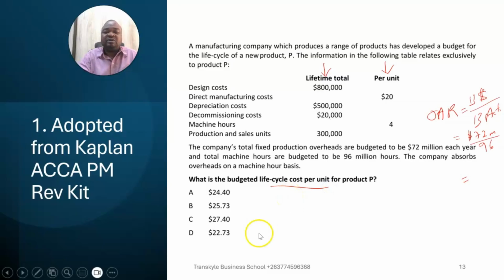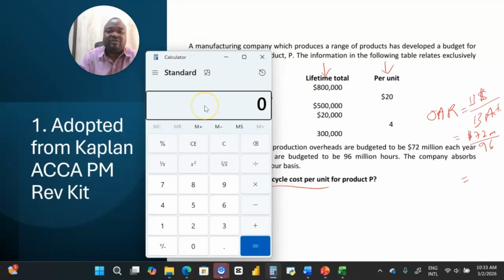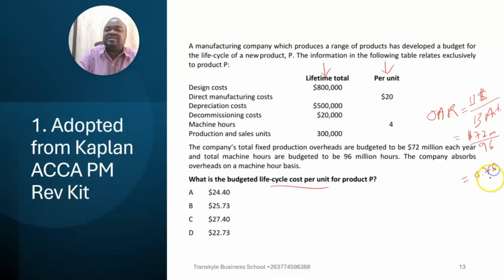If you use your calculator, the overhead absorption rate should be 72 over 96, that's $0.76. Because we are told that fixed production overheads are absorbed on a machine hour basis, it's costing 76 cents per hour.